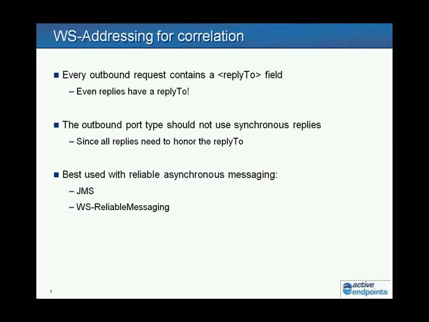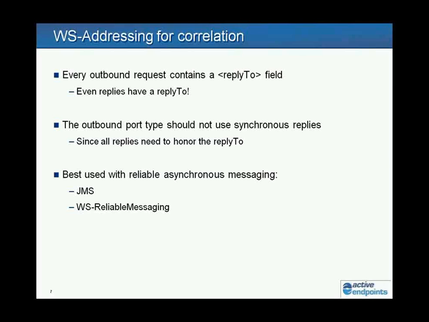So you don't want to have a request-response message and then a later callback as a response. WS-Addressing would require that it pay attention to the ReplyTo in routing the response, and that's not what you would actually want.